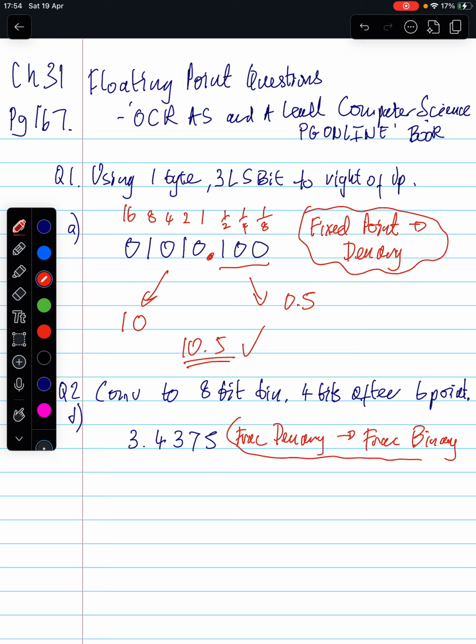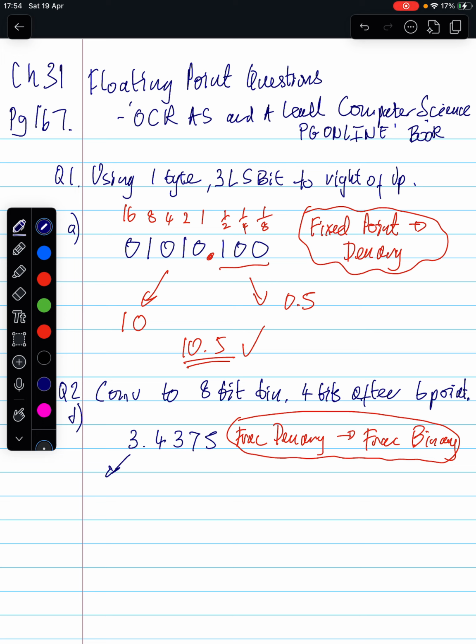Okay, that's what we're doing. So the method here is to break out the integer part and the fractional part.